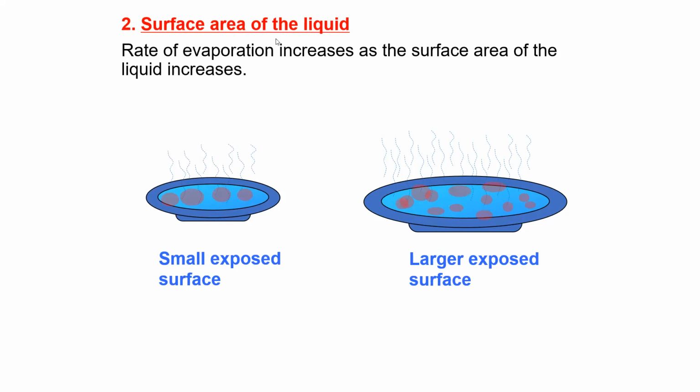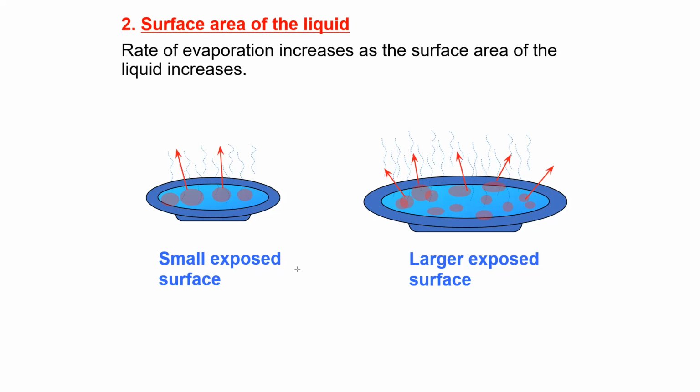Maybe 2 particles go out here, but there the chance is there that most of the particles can go out, because a greater amount of space is available. So increasing the surface area will increase the rate of evaporation as well. Is it clear? Any doubt till this point?